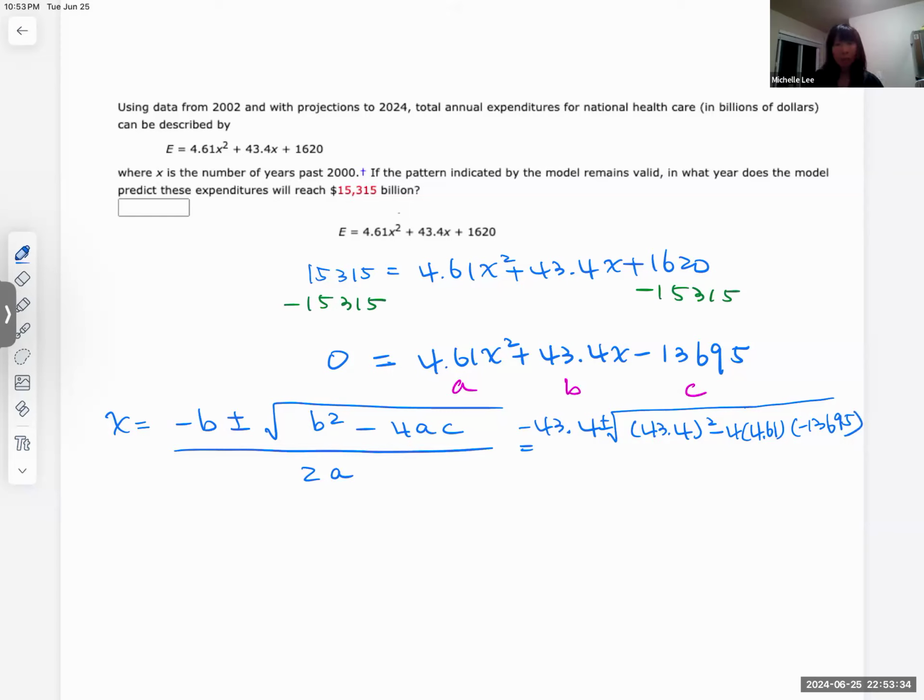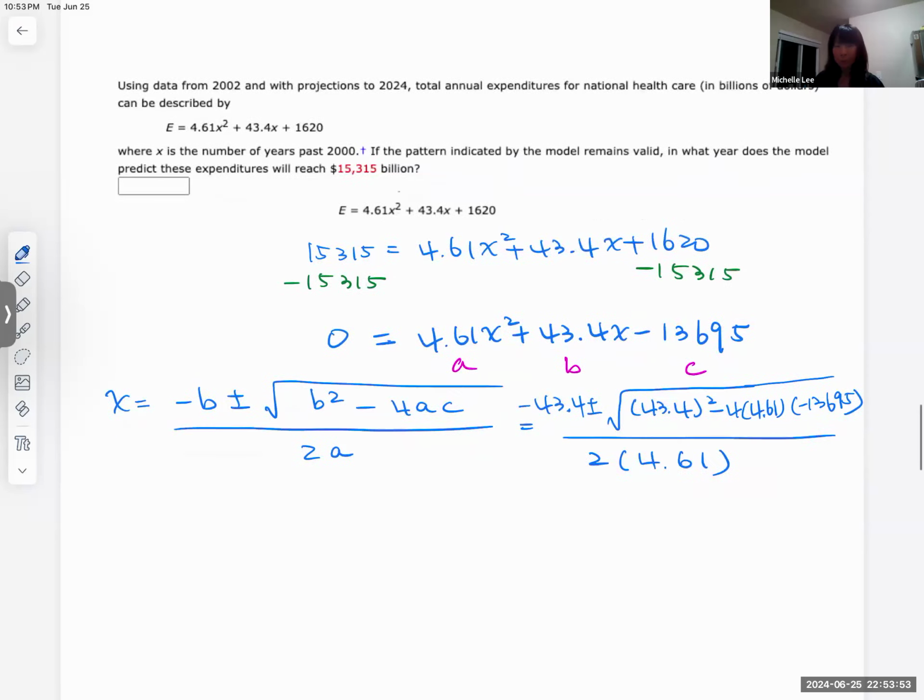Okay, over 2, this one doesn't look good, huh? And then 2A, so 4.61.